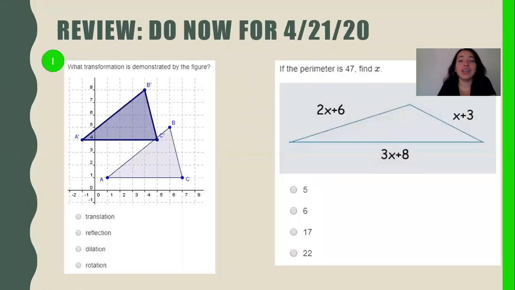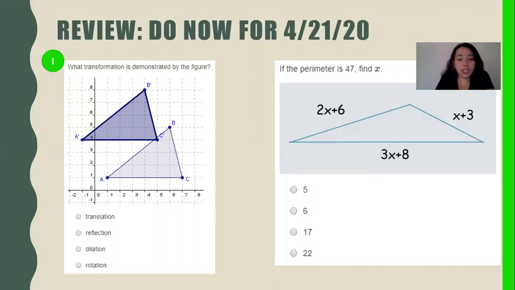So let's go ahead and look at our do now for today. So number 1, hopefully you got a chance to do this, but I don't think you've submitted it just yet. So let's go ahead and review our do now. So for number 1, what transformation is demonstrated by the figure? If you look at these 2 images, this is something that we had covered in class about maybe a month ago.